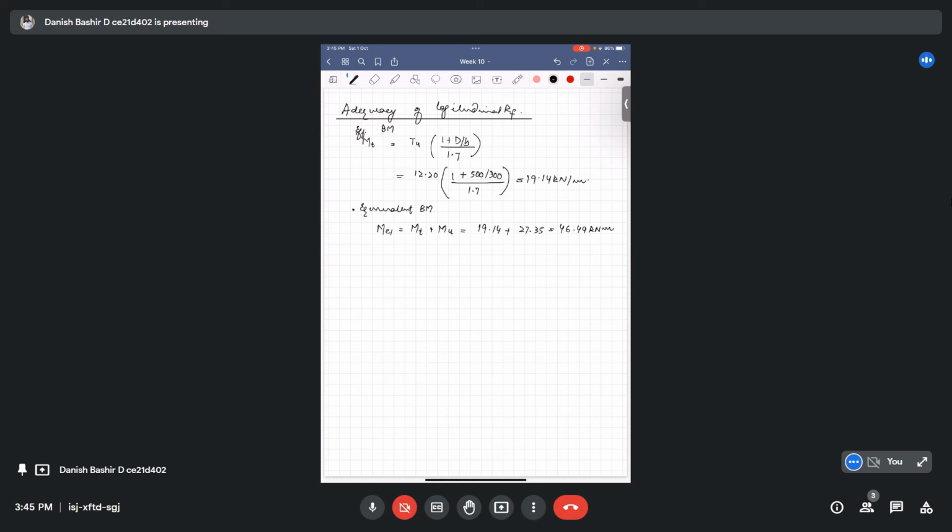And Me2, if we consider this combination, torsional minus Mu, hogging moment, this will be 19.14 minus 27.35, so it's coming negative, it will not be considered.